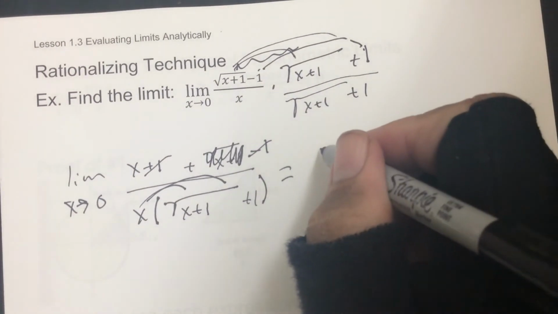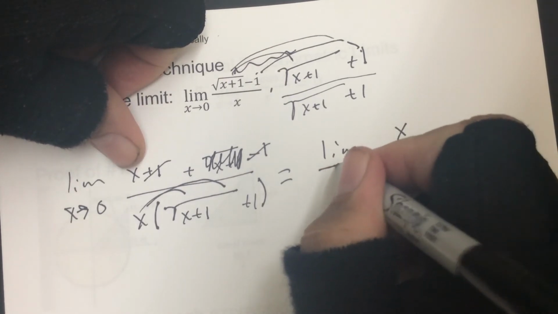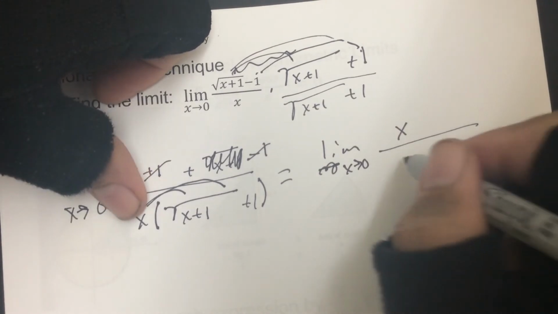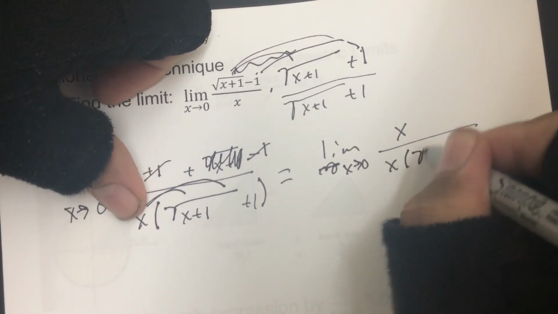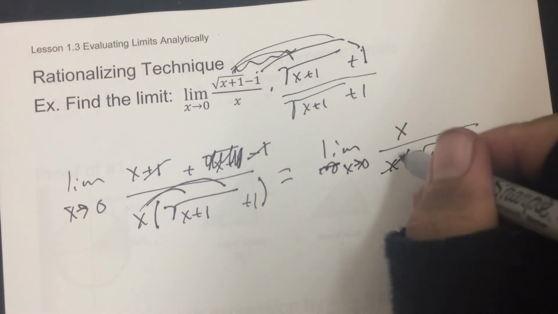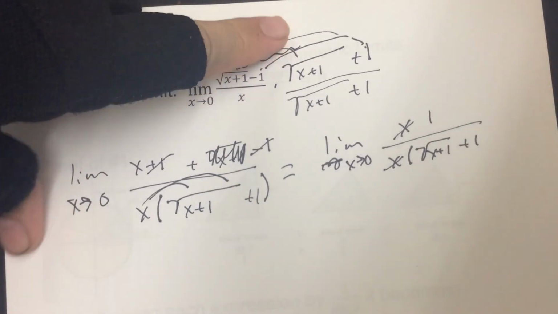So right now we have the limit of our top, which is x, as x approaches 0, of x parentheses the square root of x plus 1 plus 1. These x's can then cancel out, leaving a 1 on top.